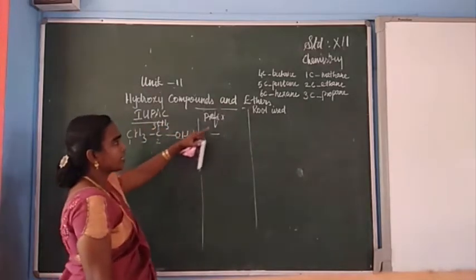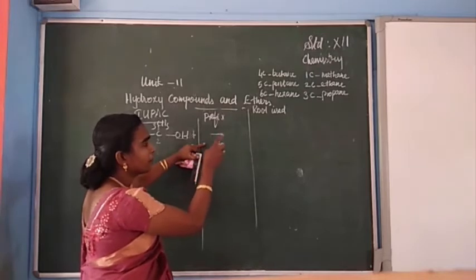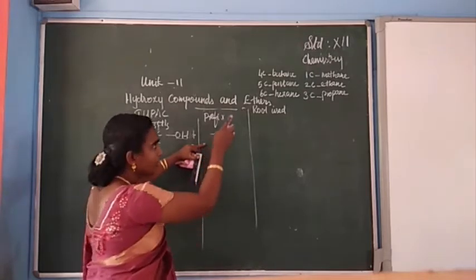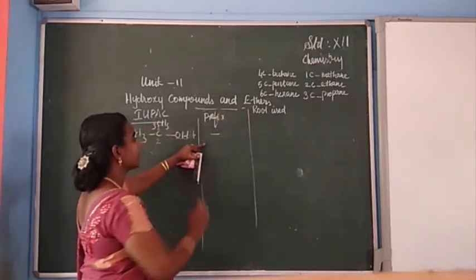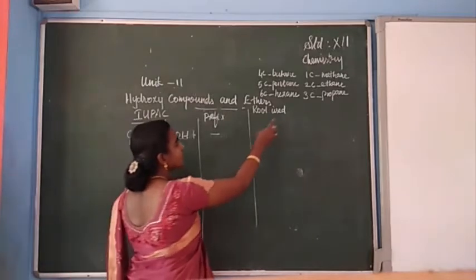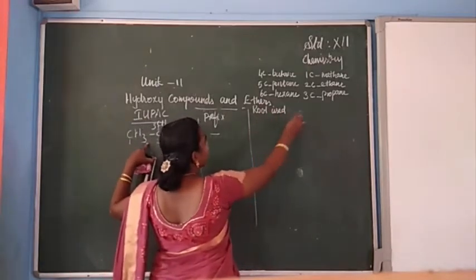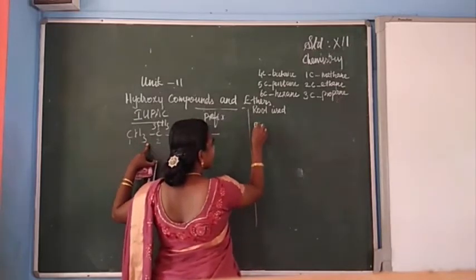Up to 6 carbon I gave the root words. So here 3 carbon is there, so the root is prop. No need of the A and E, so we are writing prop.